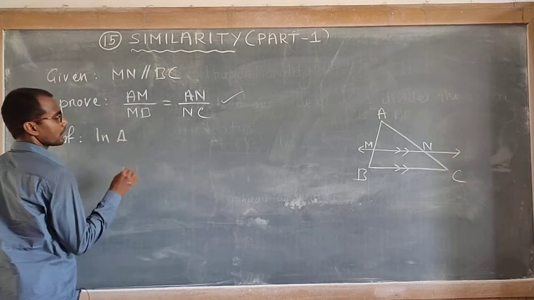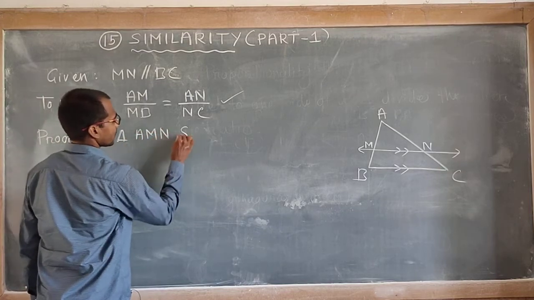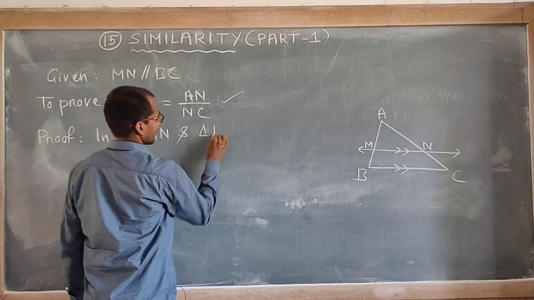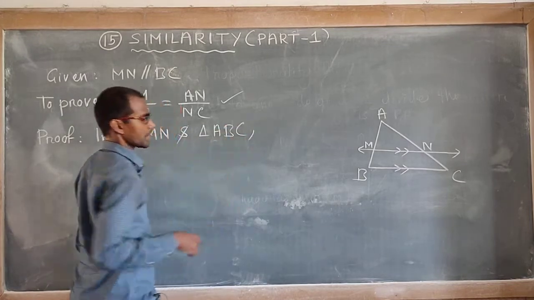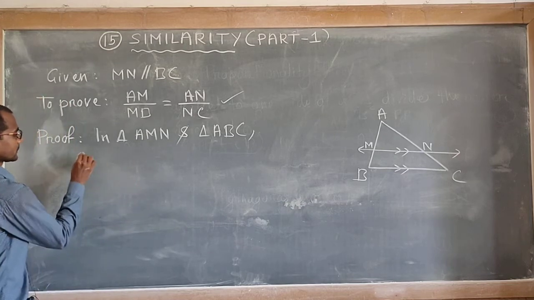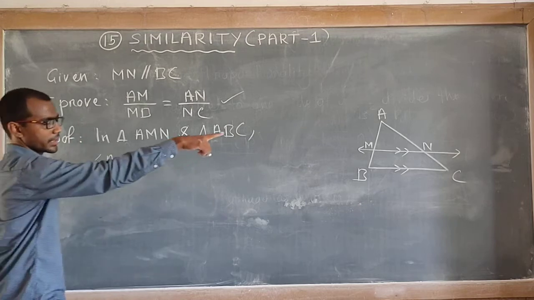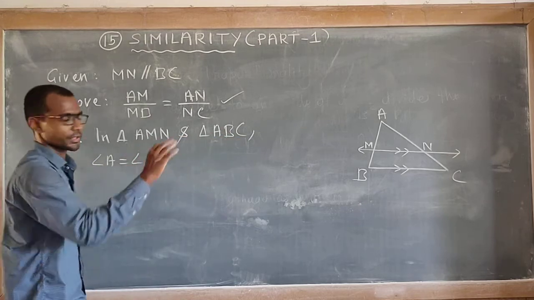In triangle AMN and triangle ABC, angle A is equal to angle A. You can see the diagram. Angle A is common in both the triangles.